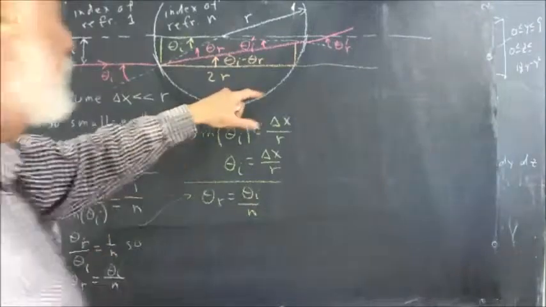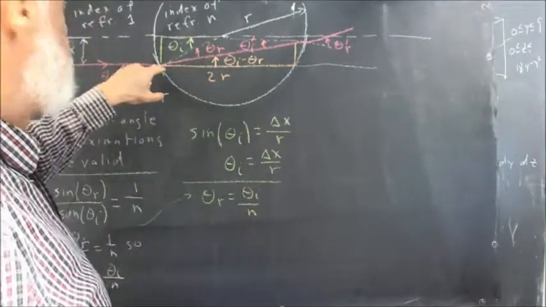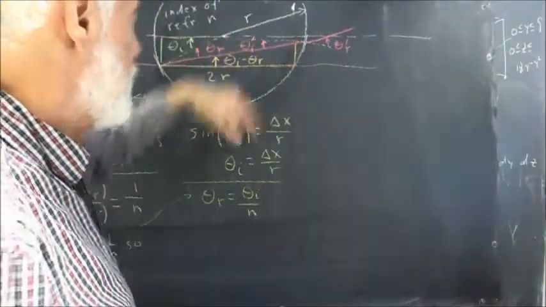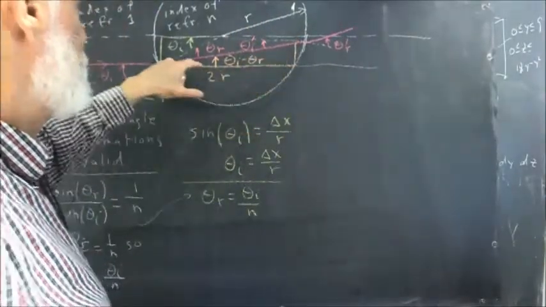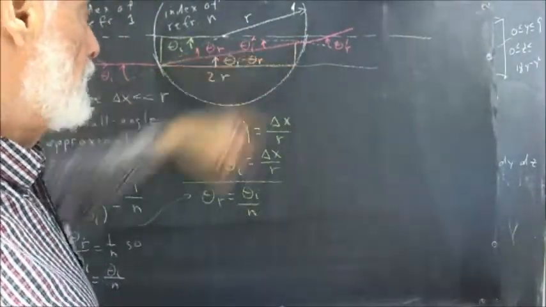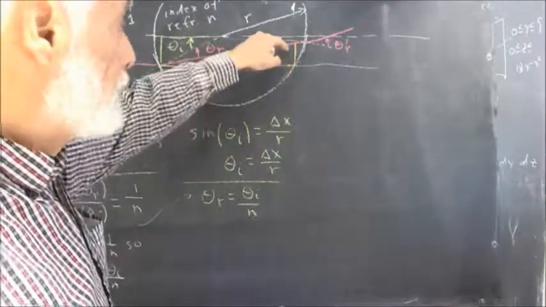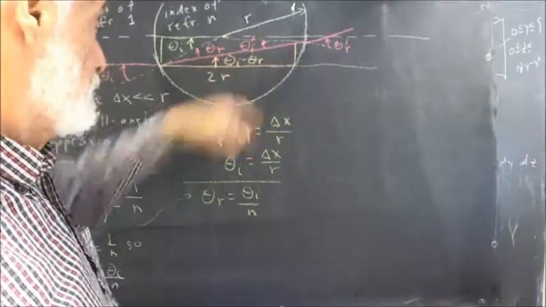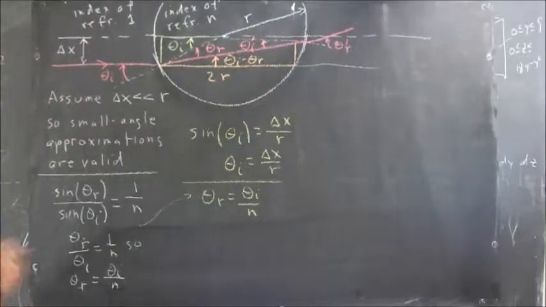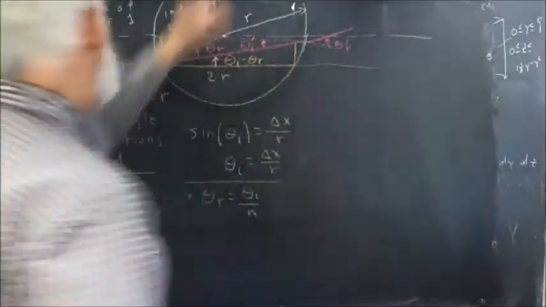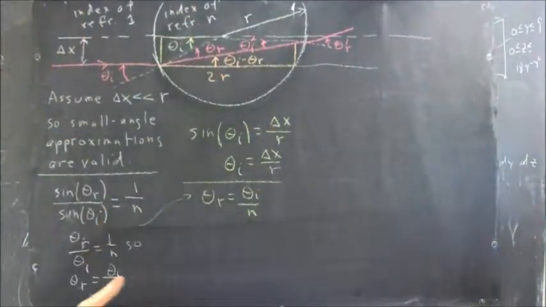This leg of the triangle is going to be equal to this distance, which would be the hypotenuse, multiplied by the sine of theta sub I minus theta sub r, or alternatively by this 2r times the tangent of theta sub I minus theta sub r. So I'm going to write this distance here, and I don't want to call it delta x because that doesn't do much.